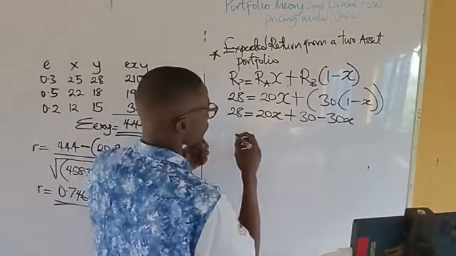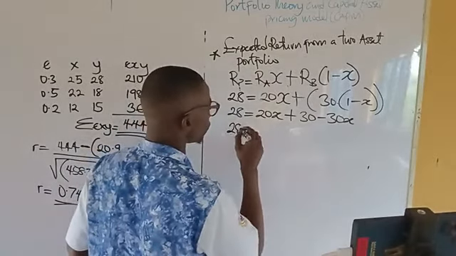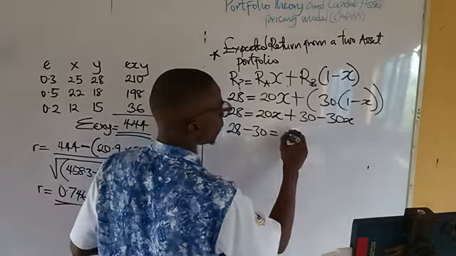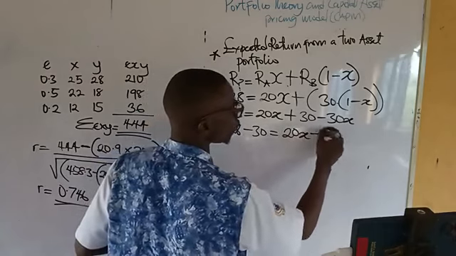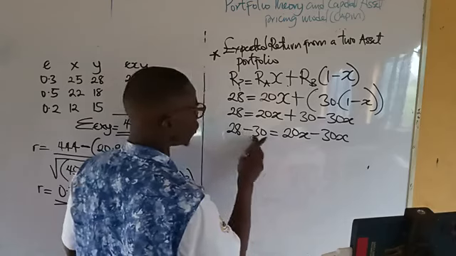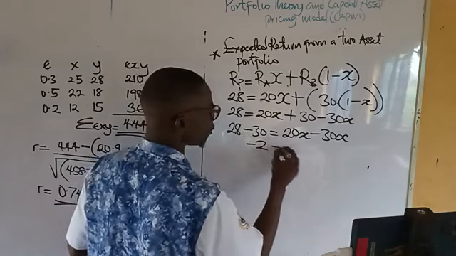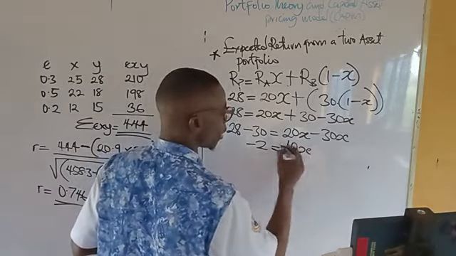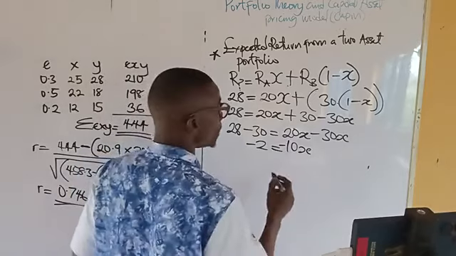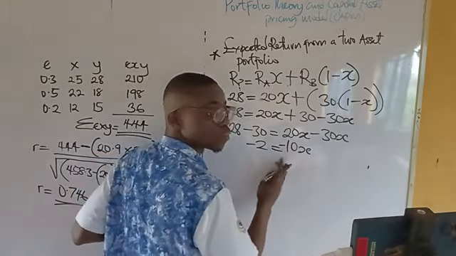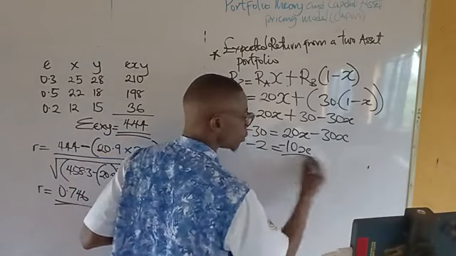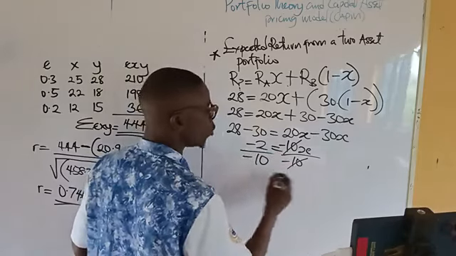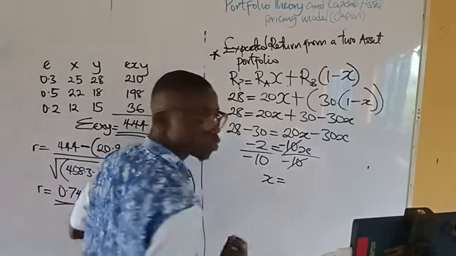Collect like terms: 28 minus 30 equals 20x minus 30x. This gives us minus 2 on the left and minus 10x on the right. Divide both sides by minus 10, minus 10 cancels minus 10. So what do you have? X is equal to what?